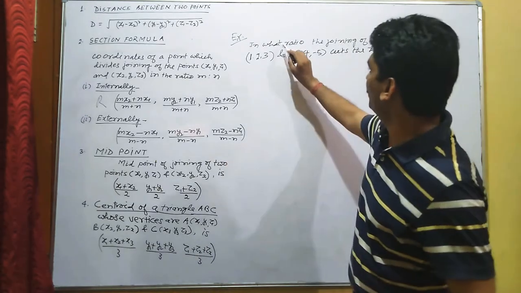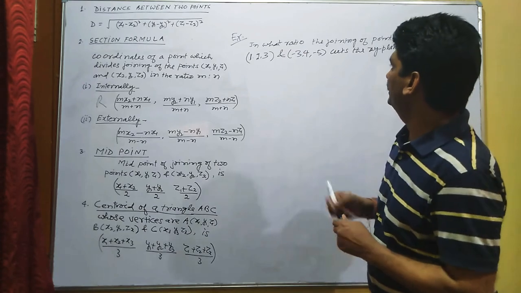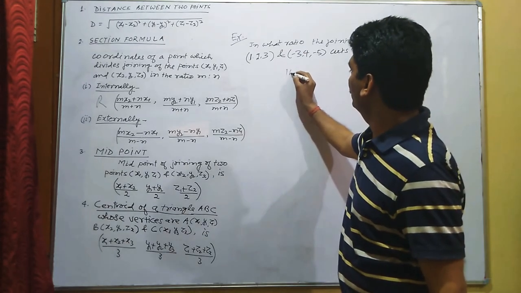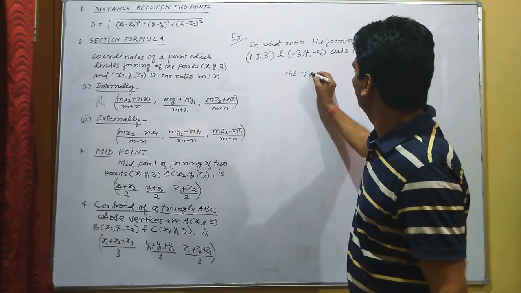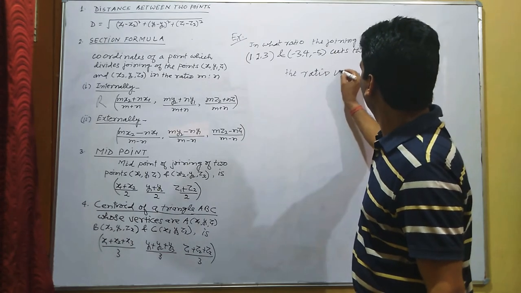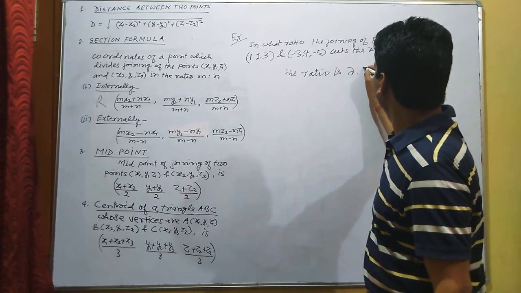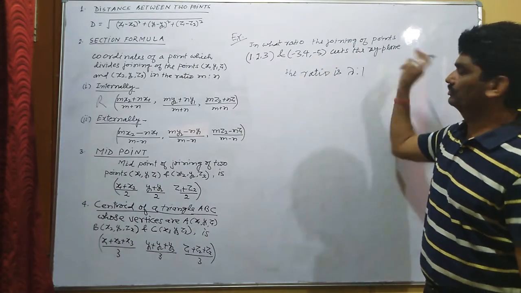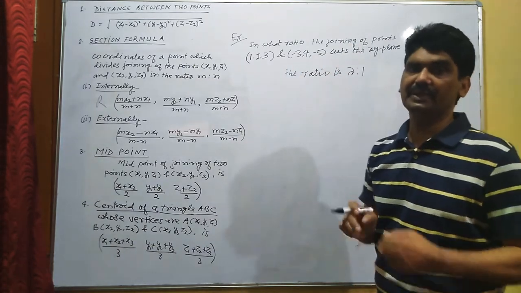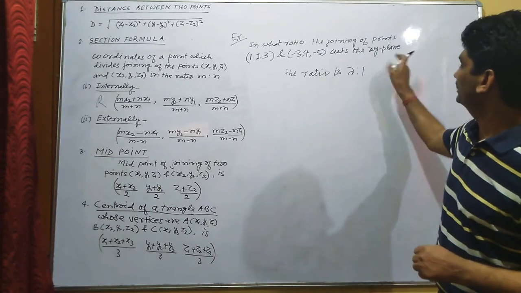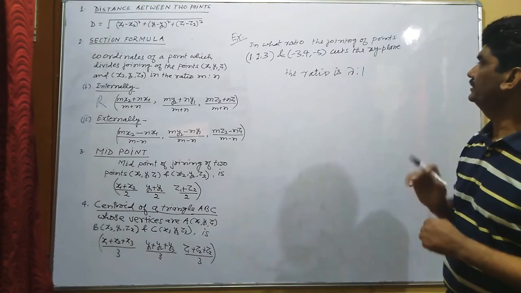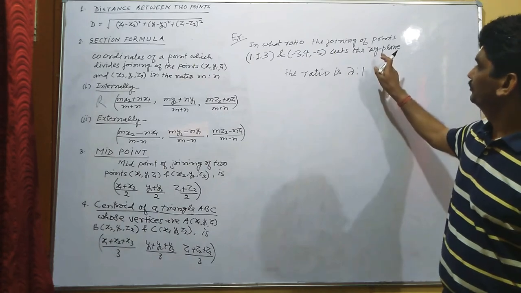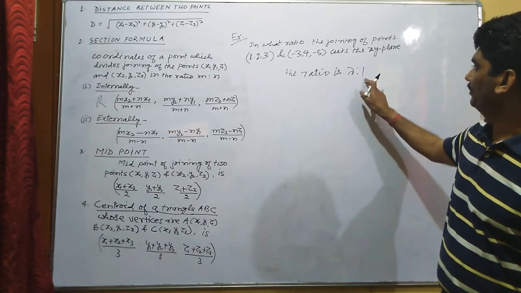So in this problem we assume that the ratio is lambda is to 1, in which the joining of the points divides the xy plane. By the equation of the xy plane, the z coordinate is 0. We use this to find the value of lambda.